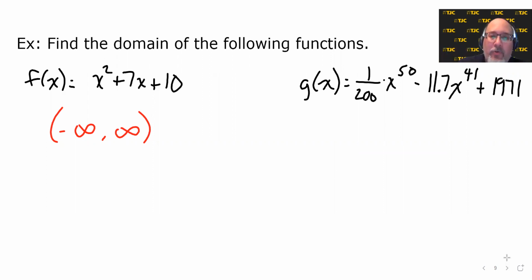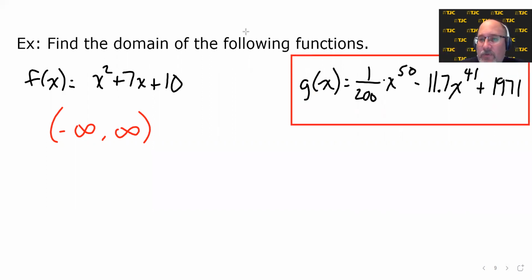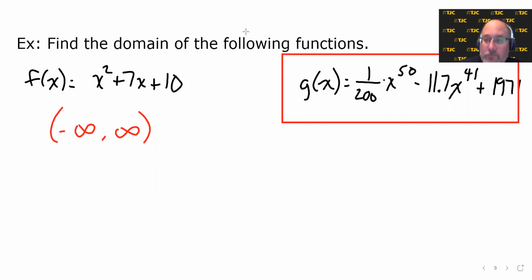And it's the same thing with this other one. g of x equals 1 over 200 times x to the 50th minus 11.7 times x to the 41st plus 1971. This is just a polynomial function. You can have decimals in the coefficients in front. You can have fractions in the coefficients, but as long as the exponents are whole numbers, 50, 41, then you are a polynomial function.